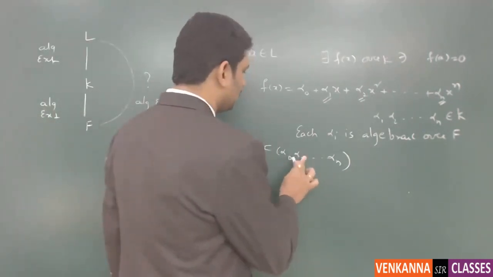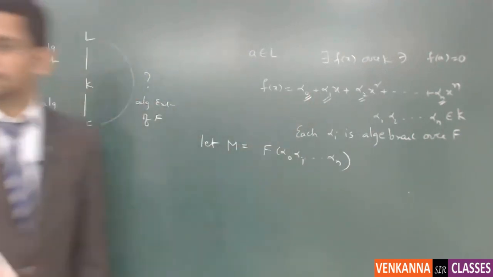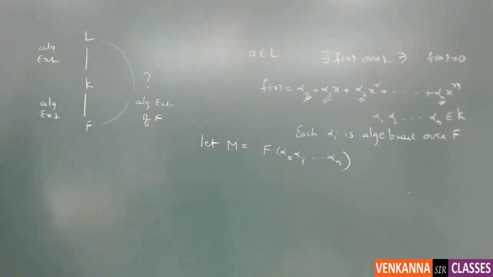Each and every element, you take that. The polynomial may be of any kind, so you include alpha naught also. Say M is equal to F of alpha naught, alpha 1, and so on, alpha n, right? That clarifies your doubt. So that is a finite extension as well as an algebraic extension.